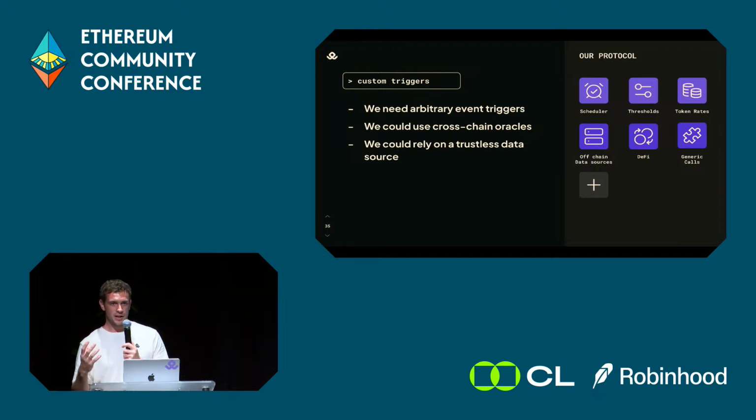We could rely on on-chain oracle information, since some of them are available for events, but not many of them. It's not that easy to query other chains' information from one chain. So at some point, we still need to rely on some trustless data off-chain to do this. But let's add these arbitrary triggers to our protocol.